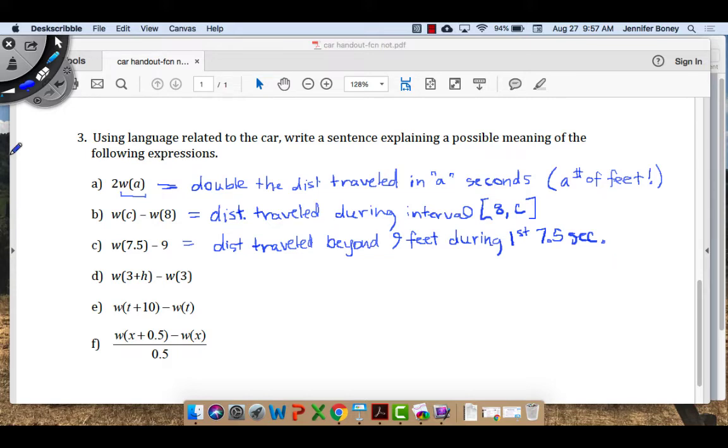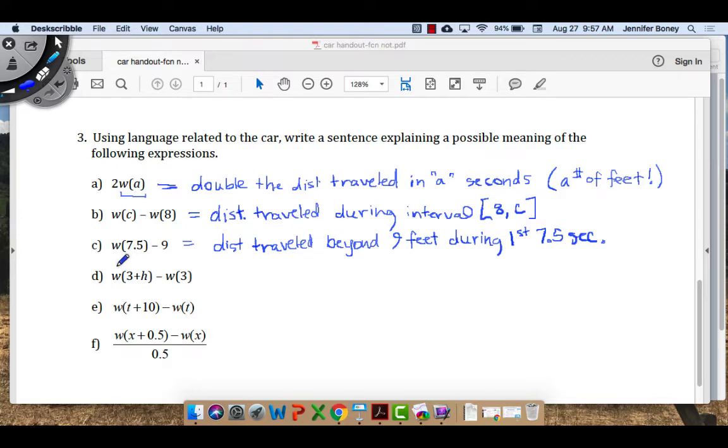All right, so let's see. D looks more familiar. And E, those kind of look like things that we did in number 2. It's the subtracting 2W of somethings. So maybe by now we could say, oh, that's a change in the distance or a variation in the distance between 2 points in time or over an interval of some sort or another. If I wanted just to describe what interval this corresponds to, where does this interval start and end that we're measuring the distance for part D?